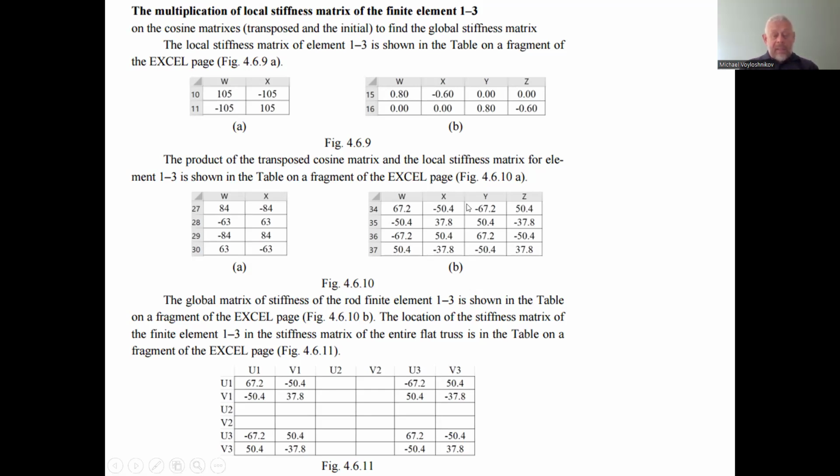And the second segment from the stiffness matrix of the third finite element in the global coordinate system we have to copy to the cells of the template when we do the stiffness matrix of the integral system on the global coordinates. This is inserted here because the end of the third finite element is node 3.